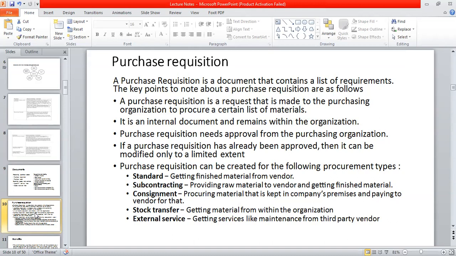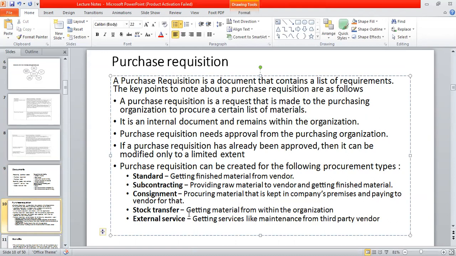They can also be used for consignment, which is for procuring material that is kept in the company's premises and paying the vendor for that. They can also be used for stock transfer, whereby raw materials or some products are being transferred from one department to another.